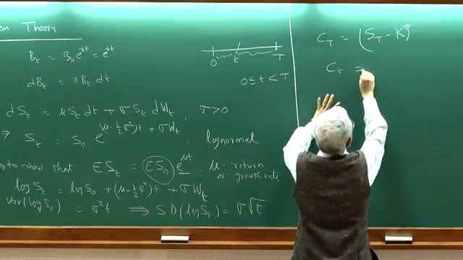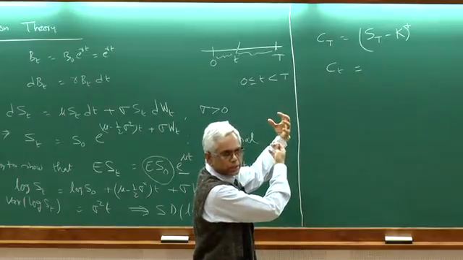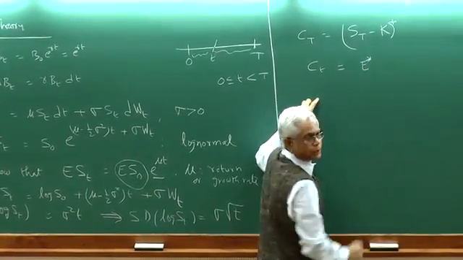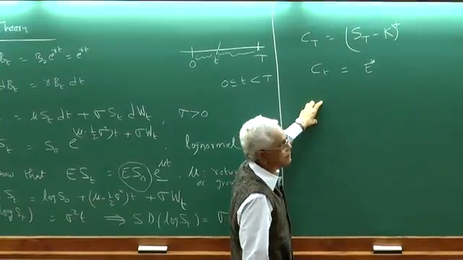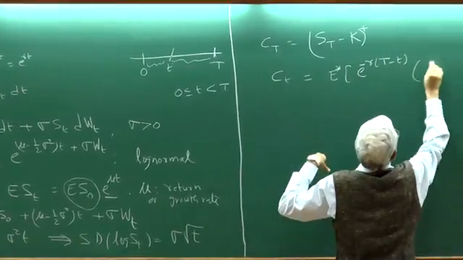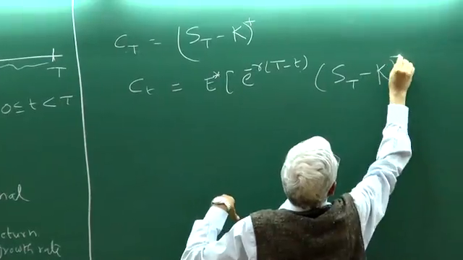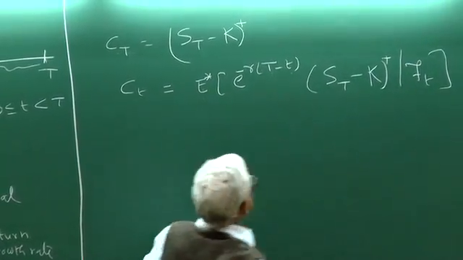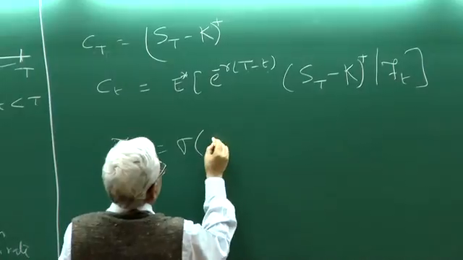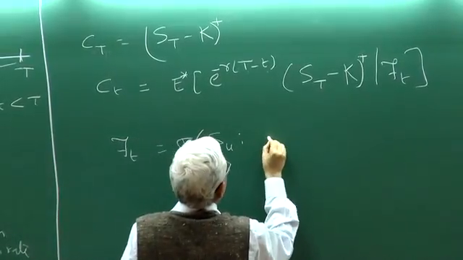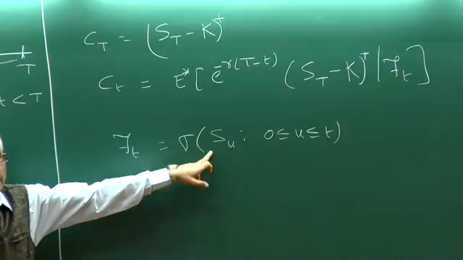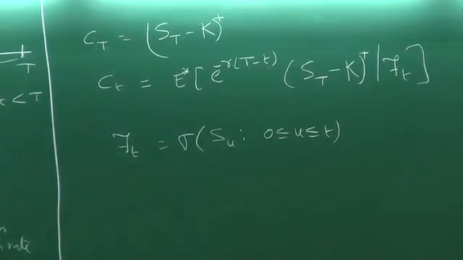If there is a unique risk neutral measure, which we will investigate towards the end, then this is going to be equal to the expected value of e to the power minus r(T minus t) times (S_T minus K)^+ given F_t. Where F_t is all the information generated by the stock process S(u) up to and including time t.